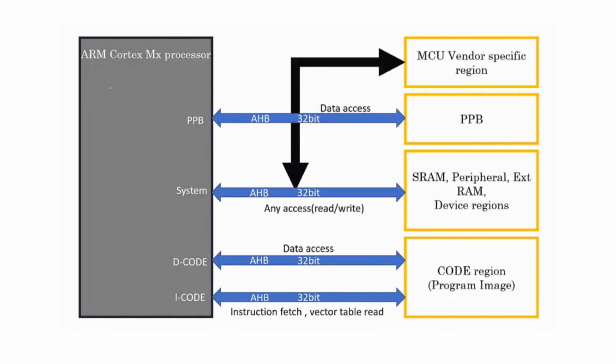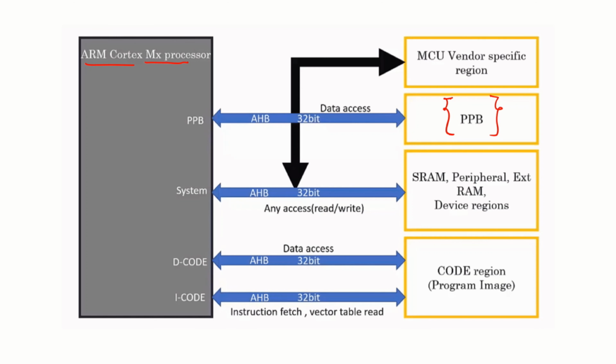This is the ARM Cortex M processor, and this is the PPB block, that is nothing but the private peripheral block. In this block, you have all the registers of system specific peripherals. System specific peripherals are NVIC, SCB, MPU, debug; all those registers are present within this PPB block.